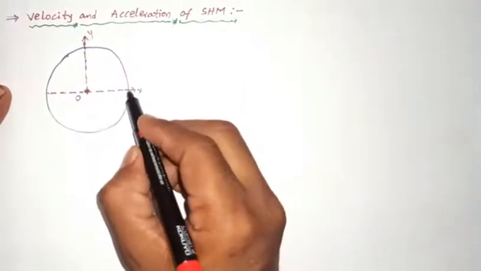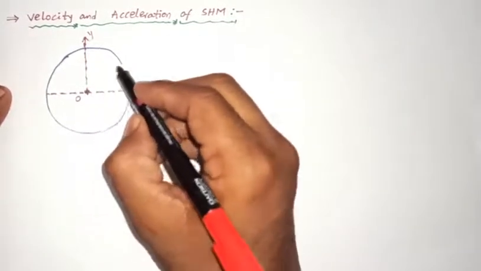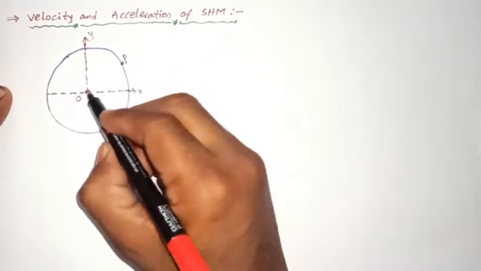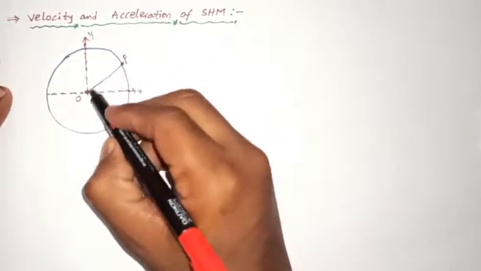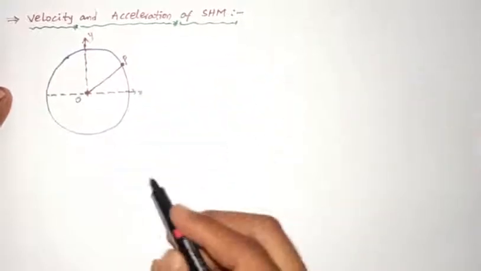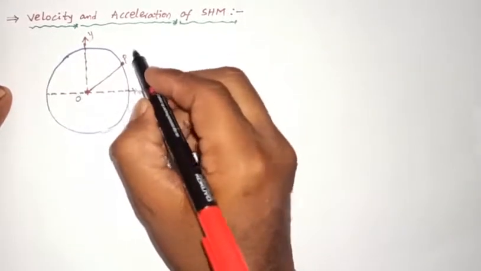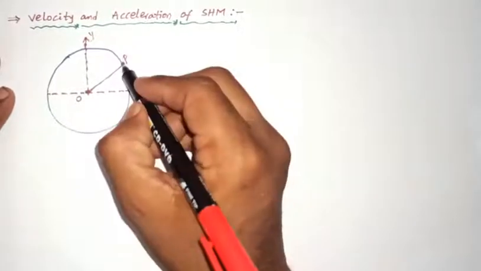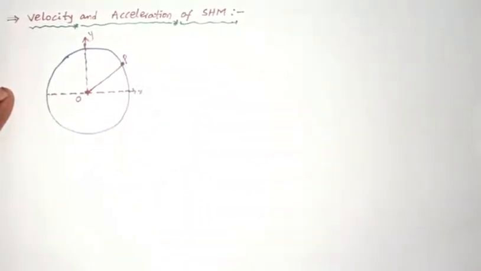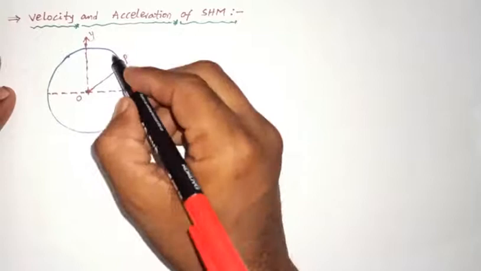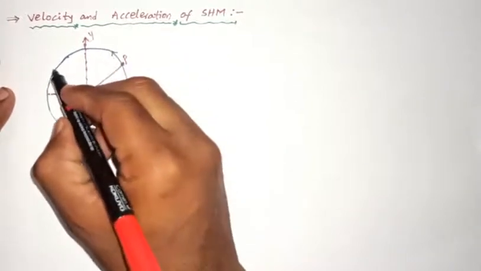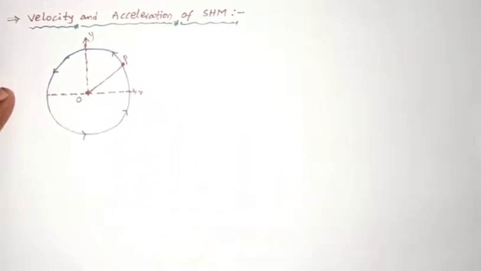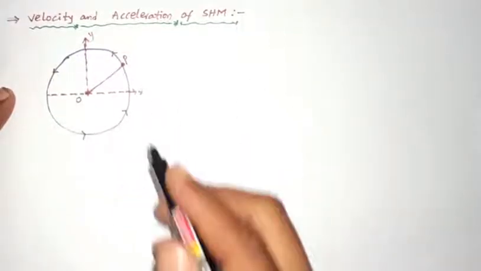At the x-axis the particle is here. We have taken the particle as P. So at t equals 0 we have taken P at point P. The particle moves in the anti-clockwise direction.